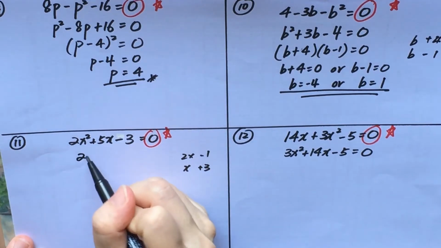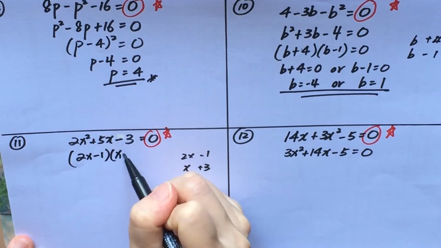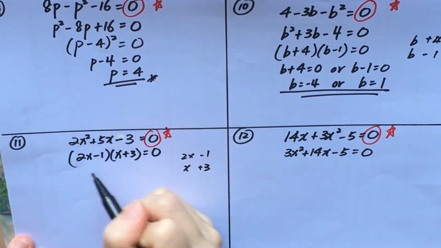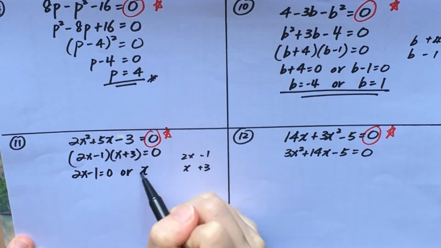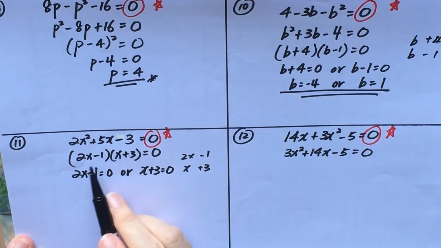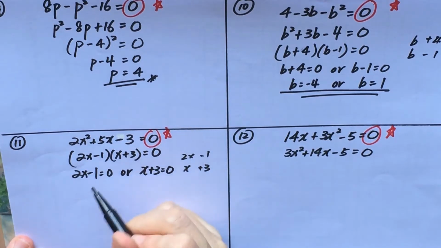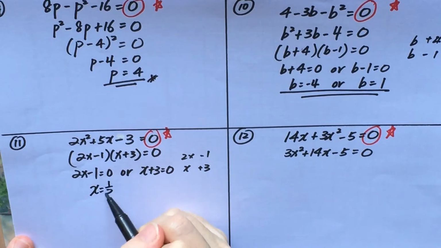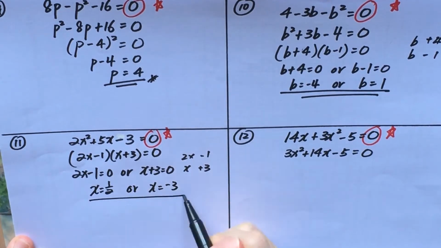Okay, so this can be factorized to be 2x minus 1 and then x plus 3 equals to 0. So 2x minus 1 is equals to 0, or x plus 3 equals to 0. Now factor law, 2 factors multiply together to get 0, so one of them must be 0. So x is a half, or x is a negative 3.